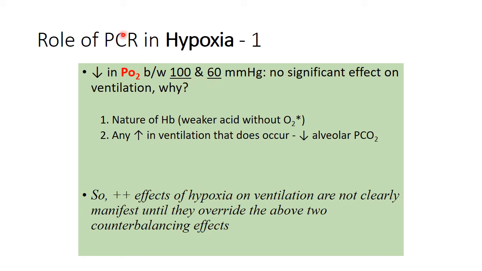These are the 2 elements which nullify this effect that oxygen has between these pressures. And this is a nice one-liner. The stimulatory effects of hypoxia on ventilation are not clearly manifest until they override the above 2 counterbalancing effects.